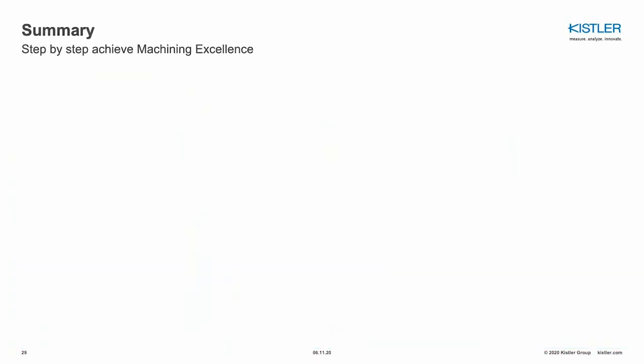So let's summarize now, step by step, how to achieve machining excellence. Decide which key performance indicator to focus on for the specific channel, machine, and process. You have to really choose the limiting factor in that specific channel and specific machine to focus on the right requirement to start with.